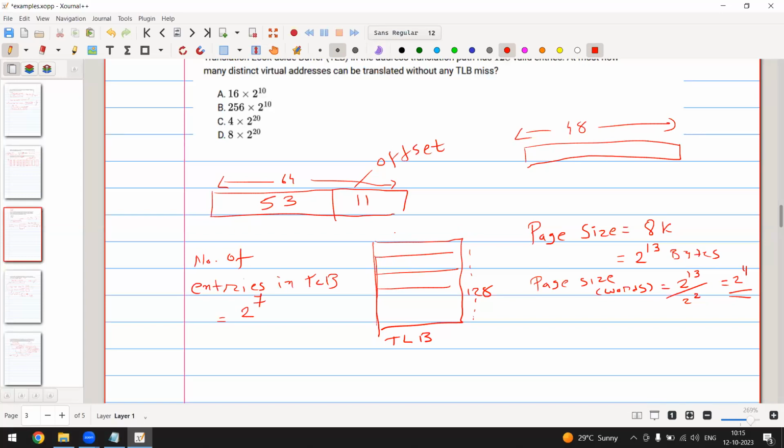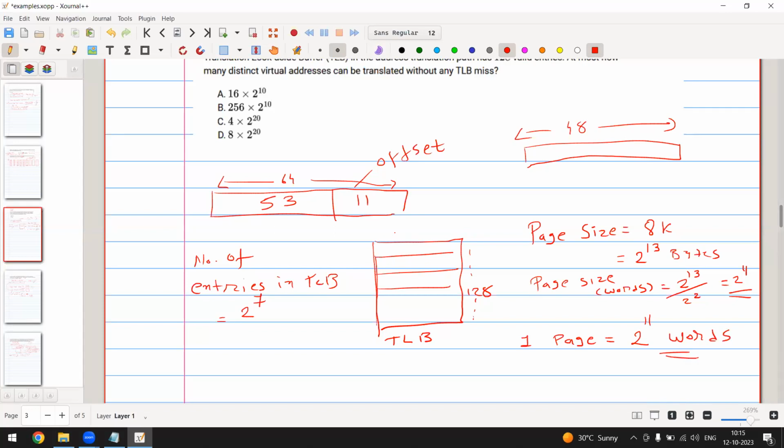Now, if a page is found from the TLB, then there will be a success. What do you mean by success? See, one page has 2 raised to 11 words. Remember, one page has 2 raised to 11 words.